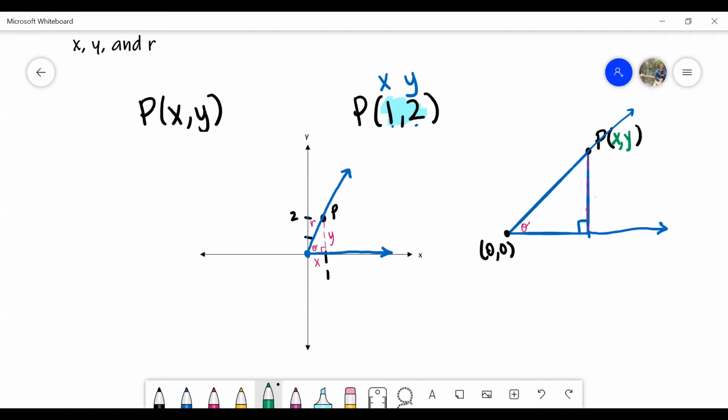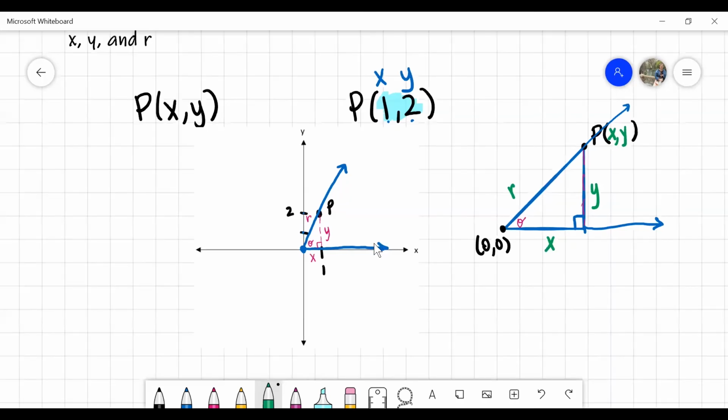Yes. So this horizontal value down here, this bottom leg of our right triangle, is still X, whatever X may be. Our vertical length is still Y, whatever Y may be. And I can still name this R, but I can actually do a little bit better when it comes to defining what exactly R is. Let me scoot over for this.